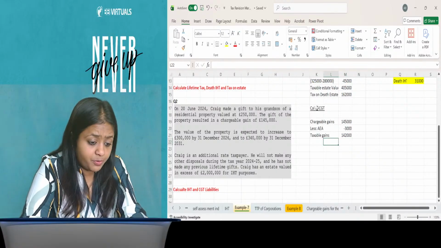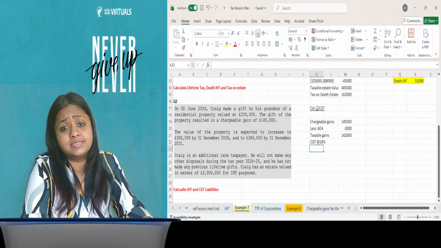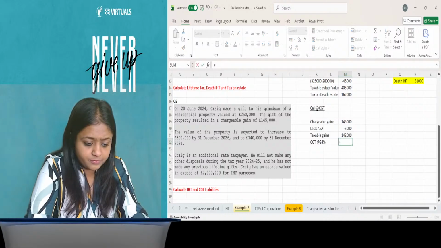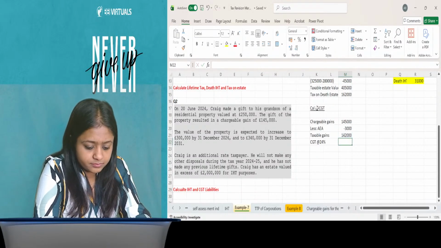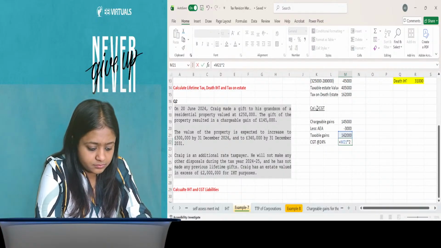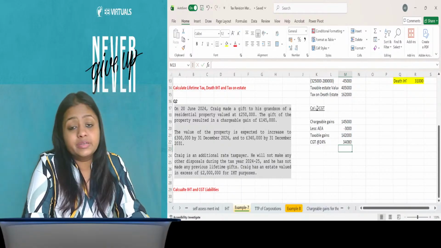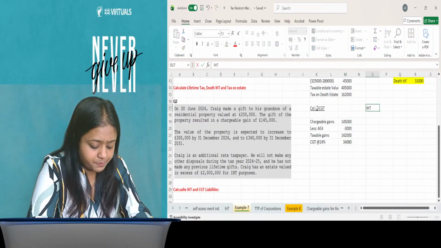It's a residential property, so we will have CGT applicable at 24% as he is an additional rate taxpayer. So no BRB is available. Done with your CGT part. Simple and easy. Let's go for your IHT part.